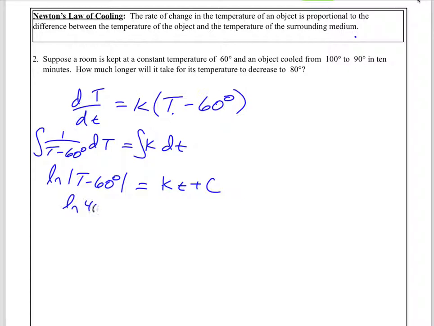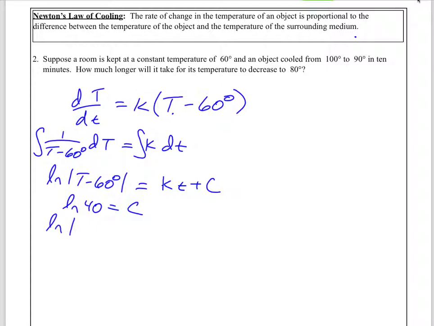So natural log of 40 equals C. How did you get 40? Because 100 minus 60 is 40. It's like 10 minus 6 and then add a 0. Good job.